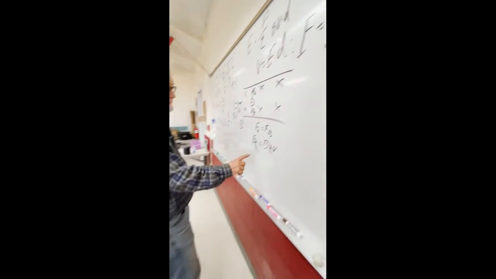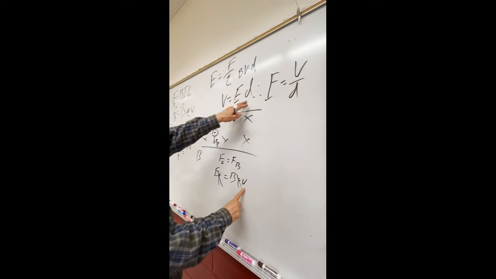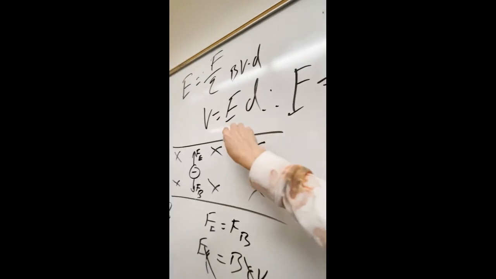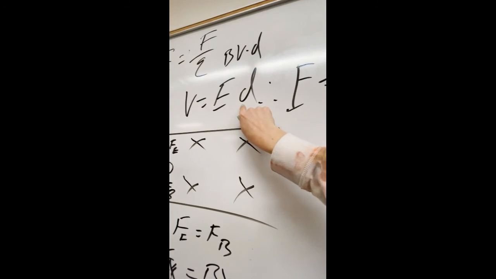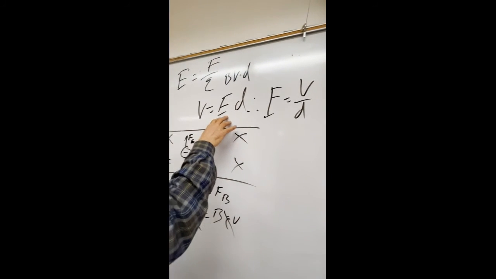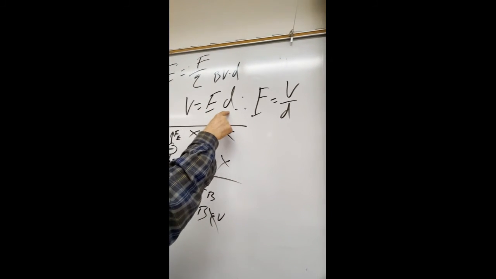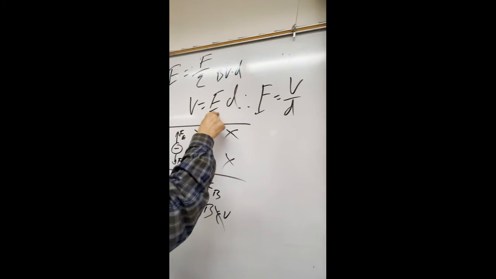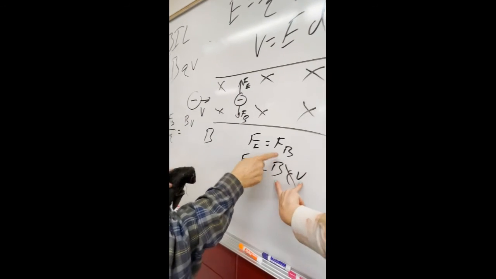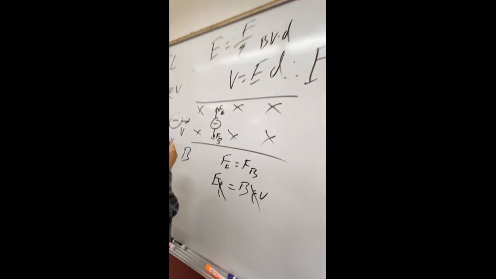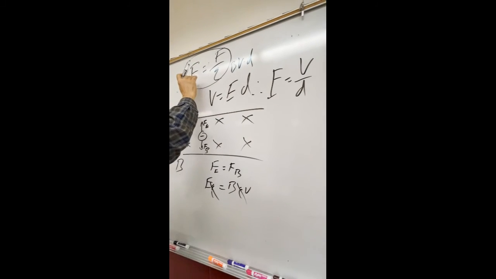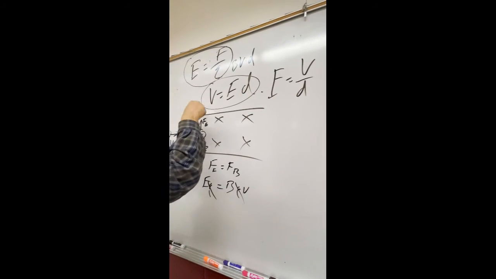So it's VB times the distance. V is Ed, and this is a capacitor. If we know the intensity of the electric field and they give us the distance, we can find the voltage. How can we find the intensity of the electric field? It's from the forces, from B and V. We've got the definition of the electric field, and this is a capacitor.